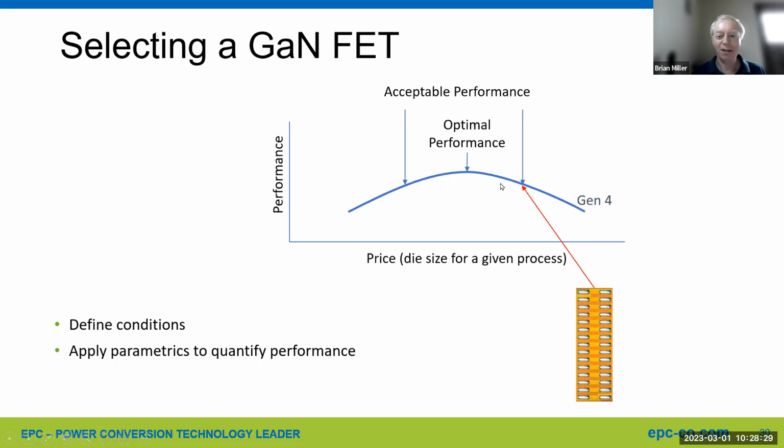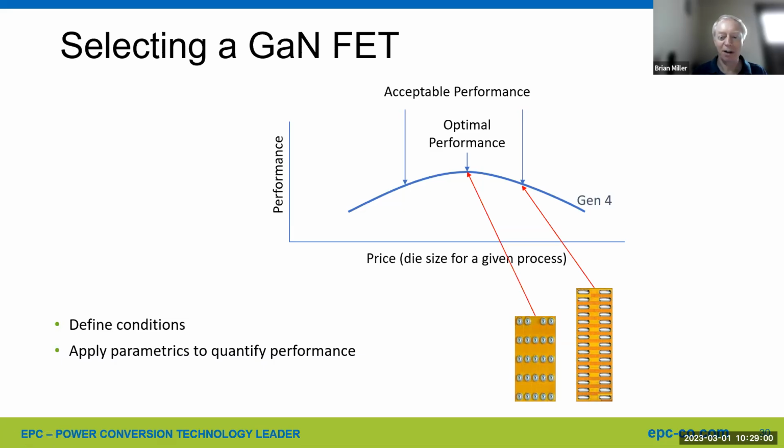And Gen 4 FETs, that's a FET series that EPC has had in production for maybe 4 or 5 years or so. Anyway, you can select a FET and it'll give very good performance. But is that the best FET? Maybe not, because this curve goes up. And you could say, well, I'm not sure I want to spend the extra money for optimal performance, but in many cases, a smaller FET will actually give better performance.